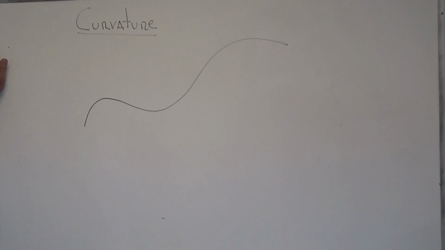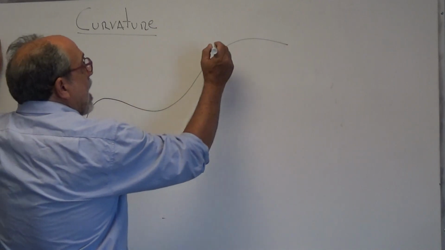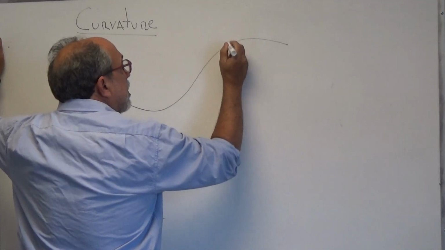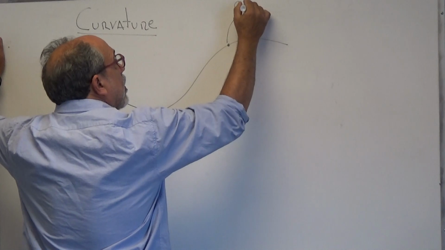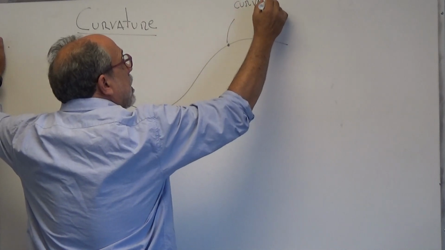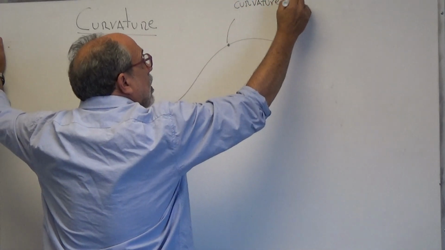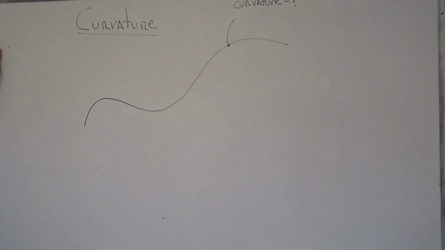So if I have that line, which I just made up, right, and I want to know what is the curvature here at that point, what is it that I mean? What do I really want to know?